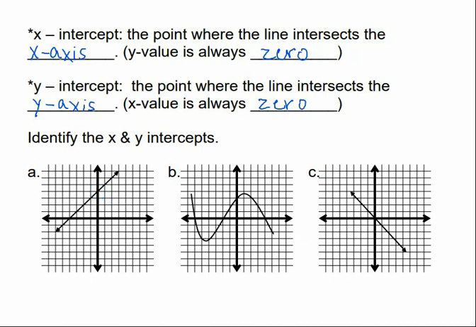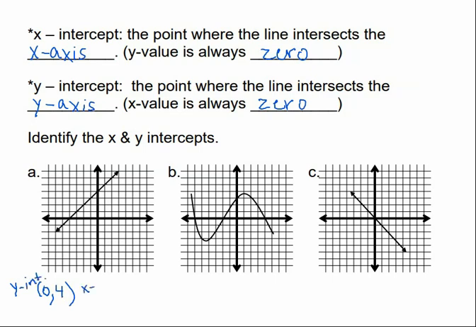For the y-intercept, our x value is 0, and the y value is where it's crossing the y-axis. So if I count up from 0, 1, 2, 3, 4, my y-intercept is 0, 4.